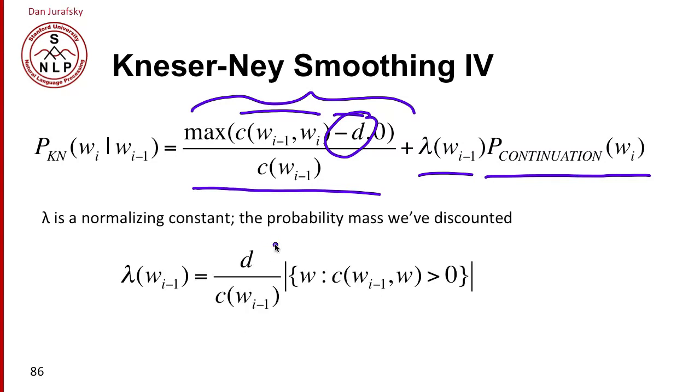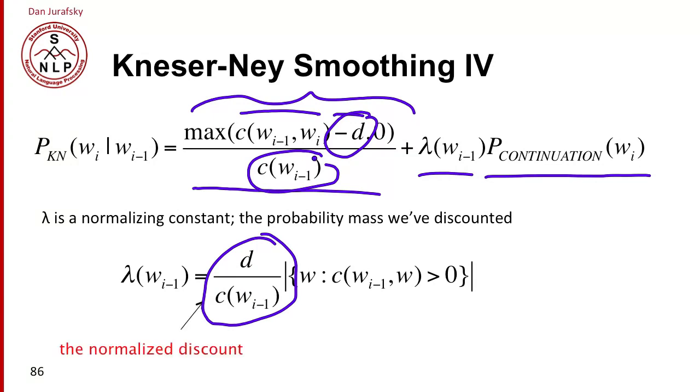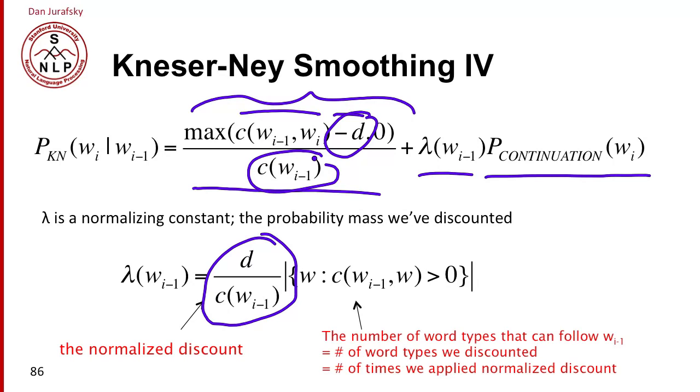So that lambda is the amount of the discount weight divided by the denominator there, so it's the normalized discount. And then we're going to multiply that by the total number of word types that can follow this context w sub i minus 1. In other words, how many different word types did we discount, or how many times did we apply this normalized discount? And we multiply those together and we know how much probability mass total we can now assign to the continuation of the word.